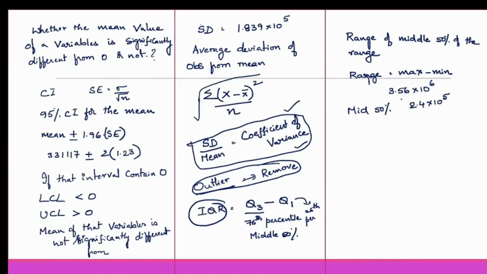Normally, if I take the ratio of this, generally this is an observation: if this ratio is greater than 3 or 4, 4 in the worst case, if this ratio is more than 4, I can very well sense some kind of extreme values being present in the data.